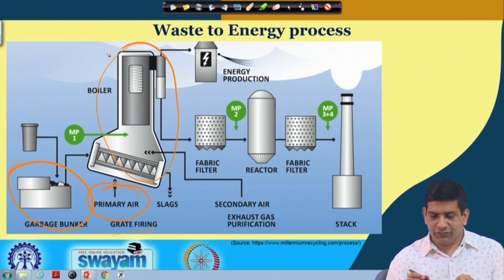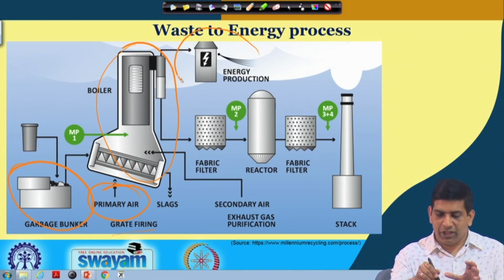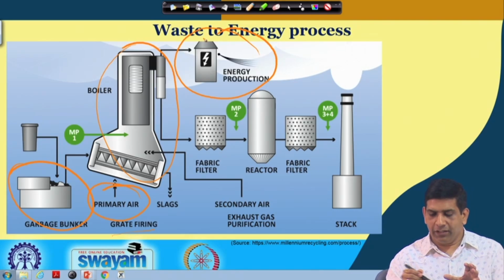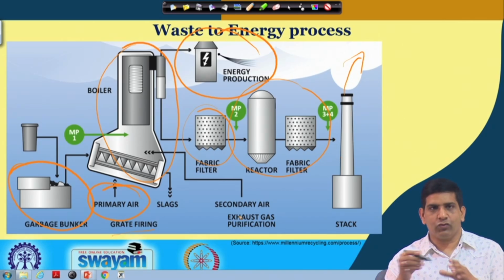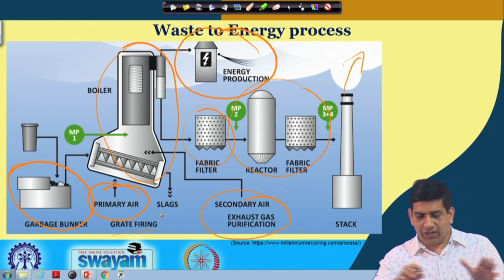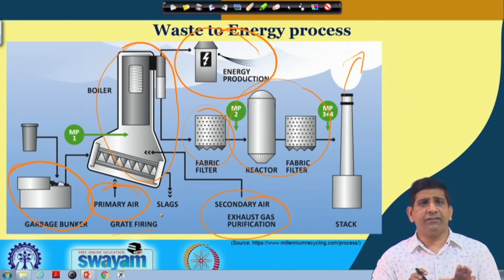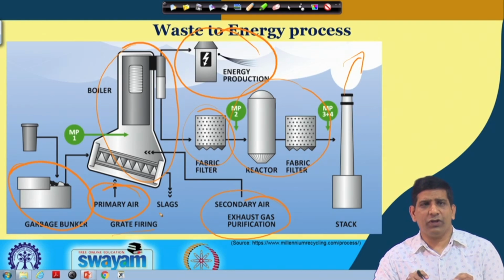Once it's treated, the heat is used in the boiler for energy production, and the air pollution coming out goes through your fabric filter and some other reactors and filters, and finally goes up the stack, after passing through the air pollution control system. You also have some secondary air for exhaust gas purification. So this is a very quick, very simple sketch of a waste to energy plant.